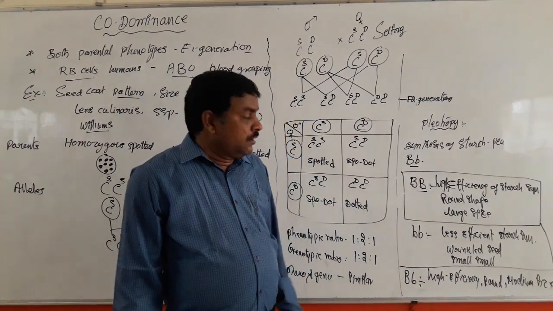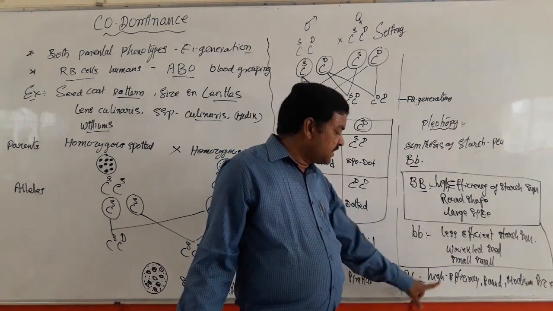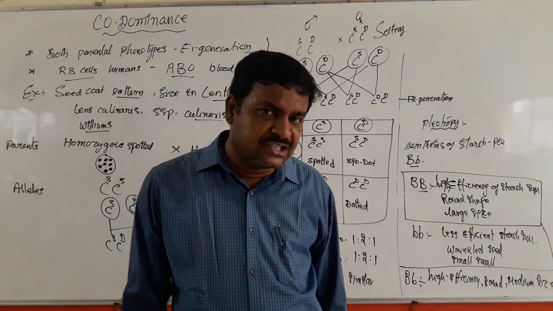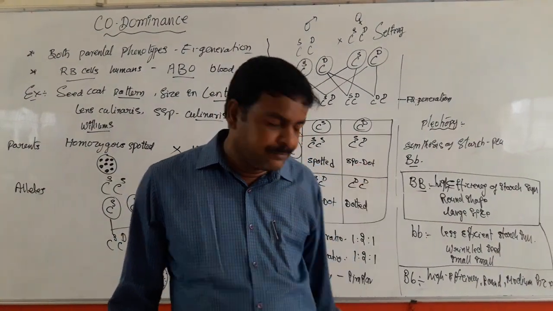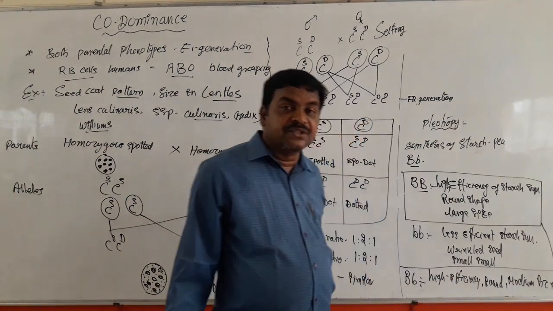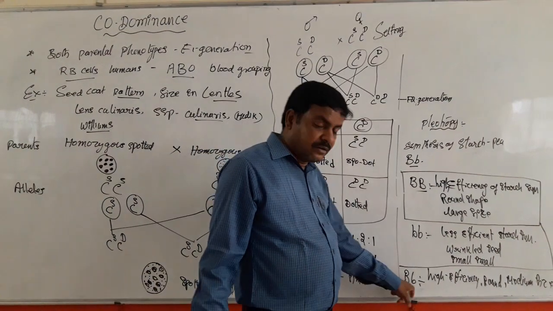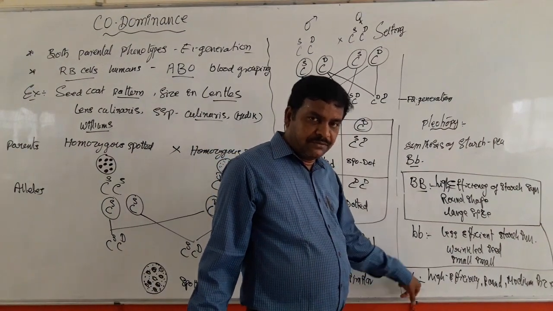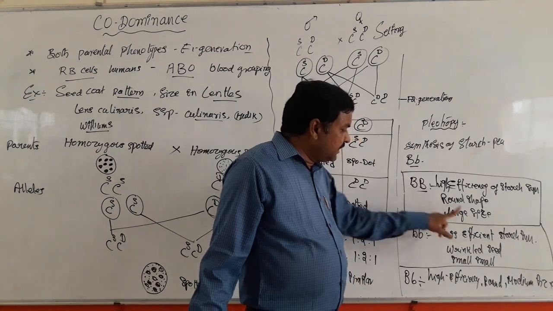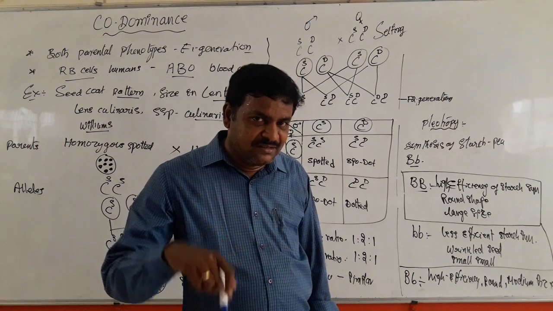So only two of these three dominant characters are expressed in the F1 generation, but not the third character, the size of the seed. Intermediate size, medium sized seeds, are formed in the F1 generation.